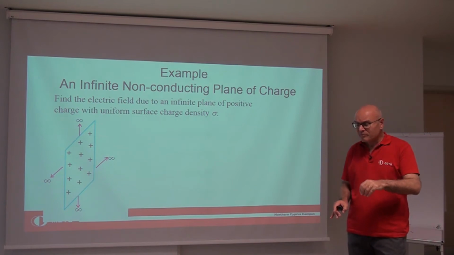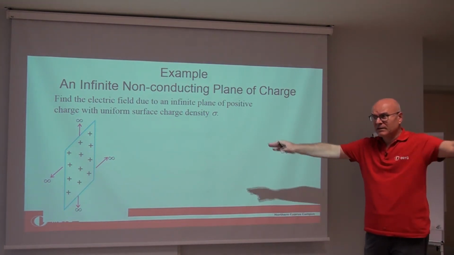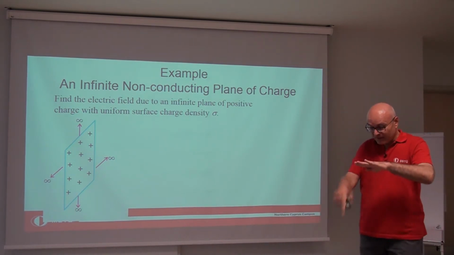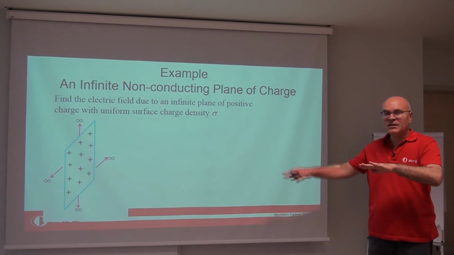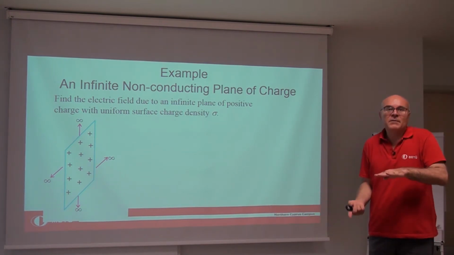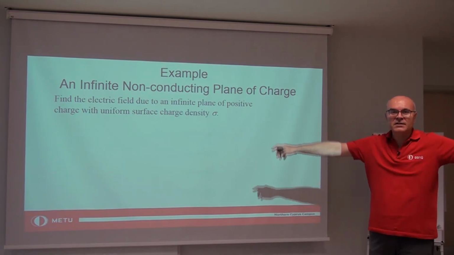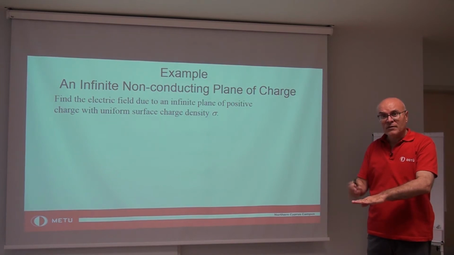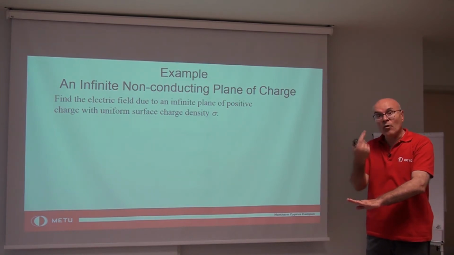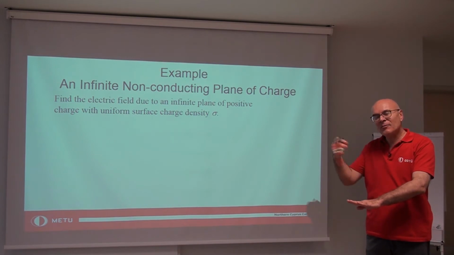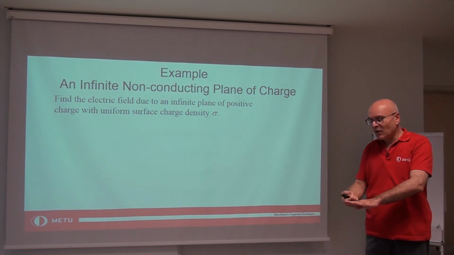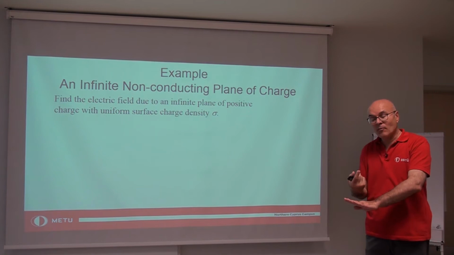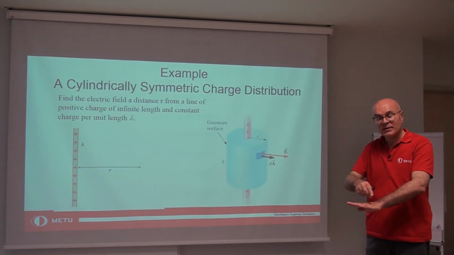The second thing: this is infinite in all directions, and so each point here is above a middle point, because when it's infinite, any point on the floor is a middle point. Therefore the electric field here will be only normal, because of the same argument that we introduced in the case of the line: all the components of the electric field that are not normal will cancel each other due to the symmetry.